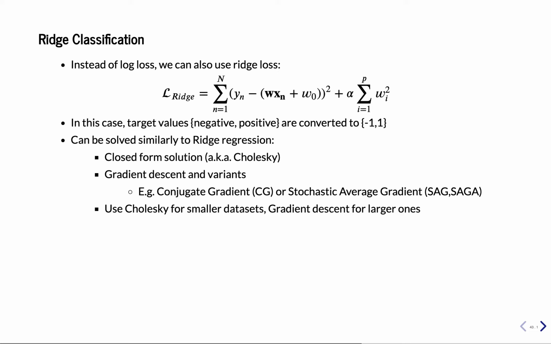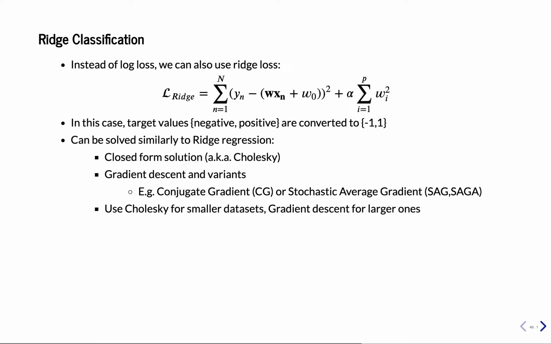Another way to do classification this way is using ridge classification. This works by, the loss function is exactly ridge, and we can do this if we map our target variables to -1, 1.